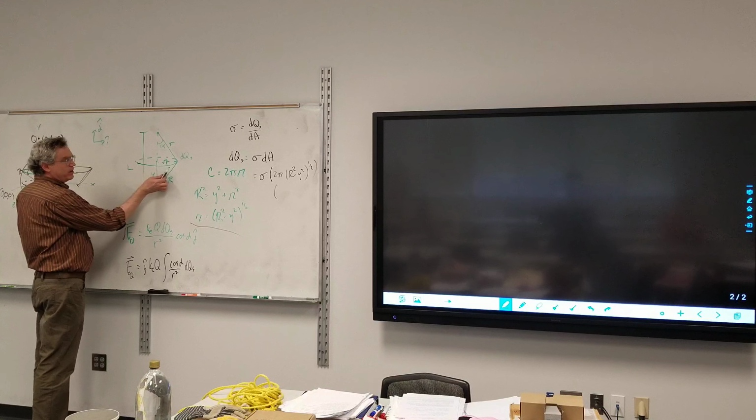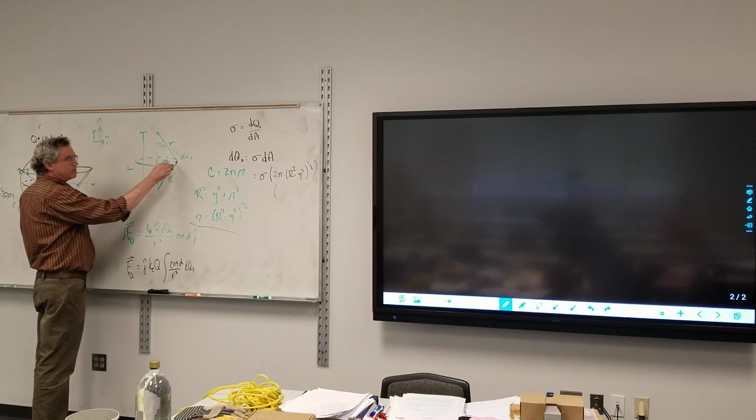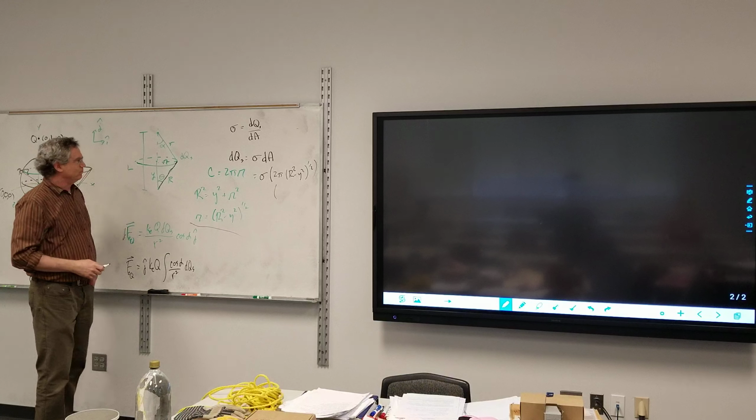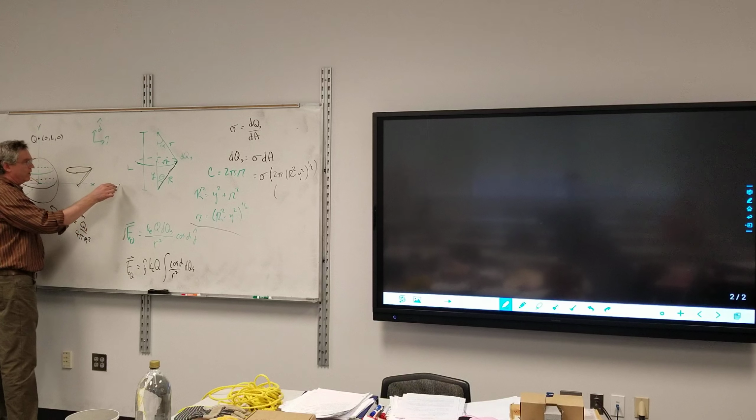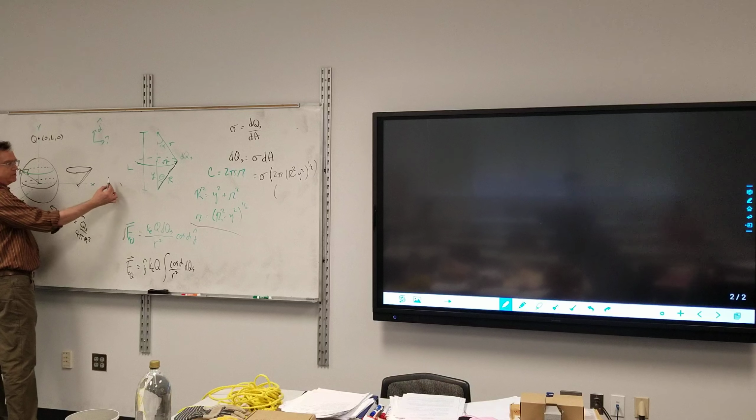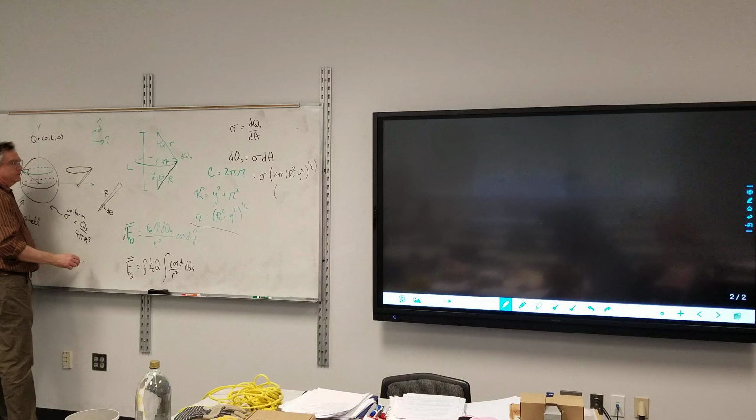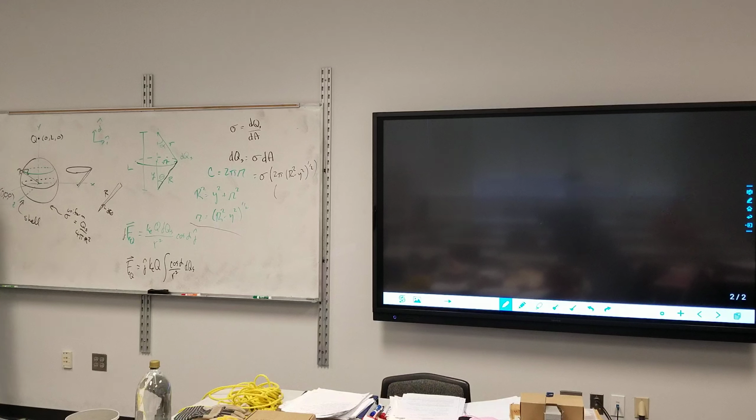Well, if that angle there is theta, d theta would be this. I need to expand that. So I have this ribbon, this circle that's going around, this would be the thickness of it. That distance there is r. This angle here is d theta. What would be that length?